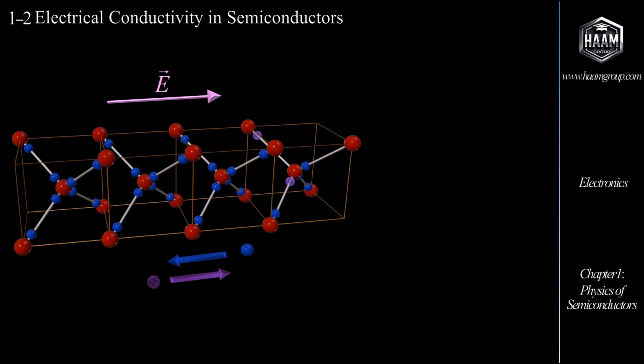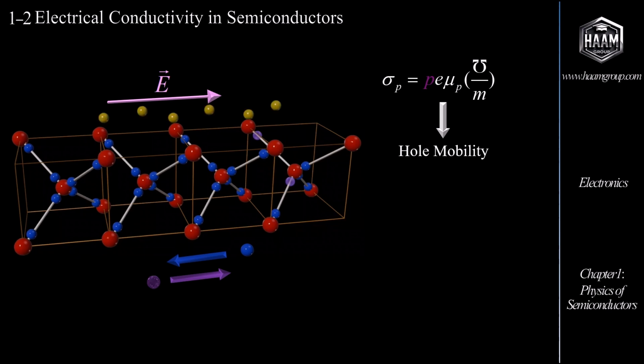Following a derivation process similar to the one we used for conductivity in conductors, we arrive at sigma sub p equals p e mu sub p, where mu sub p is called the hole mobility. Now, let's also add the free electrons in semiconductors.